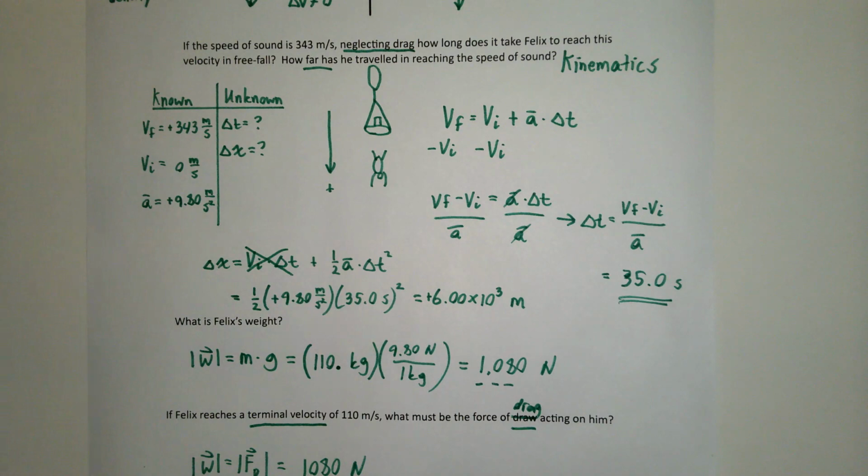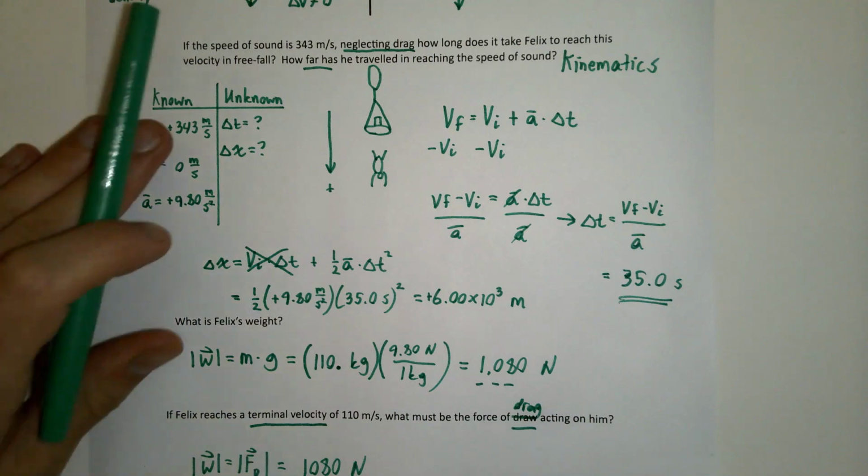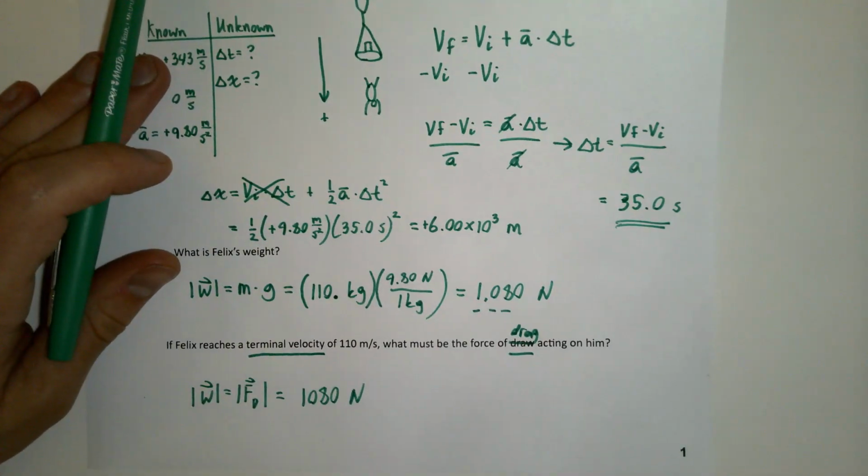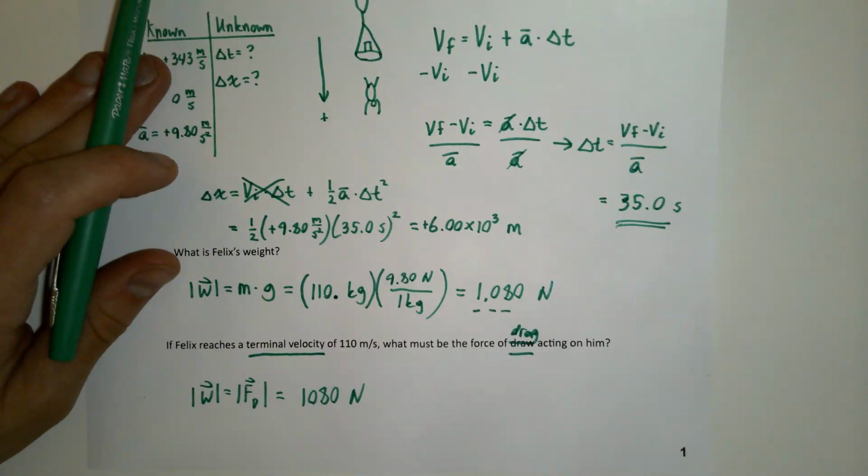His mass was 110 kilograms, gravitational field 9.80 newtons per kilogram. So the force of gravity on him is 1,080 newtons. That is the same force, if he's at terminal velocity, that drag is imposing on him, causing him to stay at a constant terminal velocity.